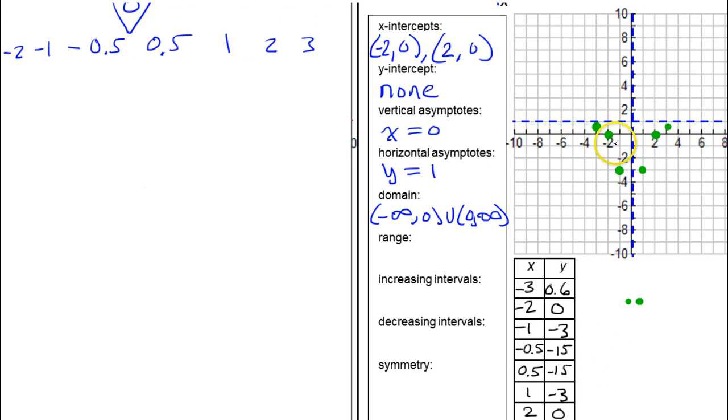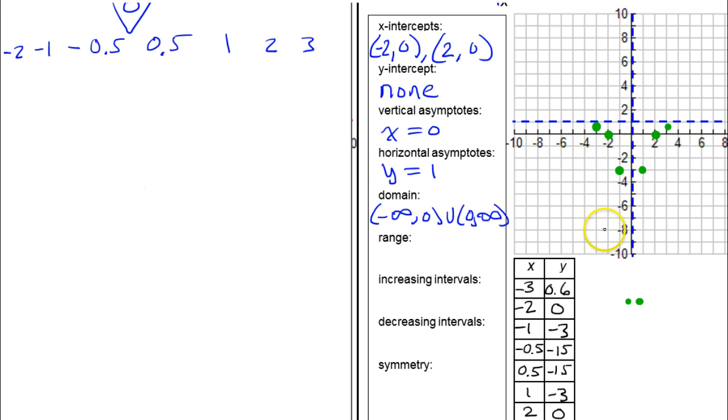Alright, so as you can see, I've plotted these points. I had to go off the grid a little ways because at negative 0.5 and positive 0.5 I was at negative 15, but I could sort of estimate about where negative 15 would be. But hopefully you can see the symmetry that's happening here as it's going to the left and to the right. You can see a mirror image is forming.